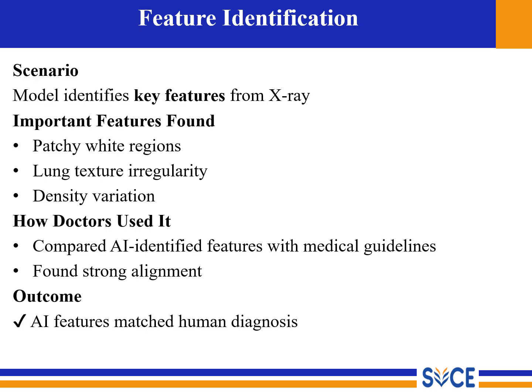This is powerful because the AI is not just guessing. It is learning medically meaningful patterns. A real-time example: doctors look for cloudy areas in lungs, and the AI does the same. The doctor compared the AI identified features with the medical guidelines and found a strong alignment, right?